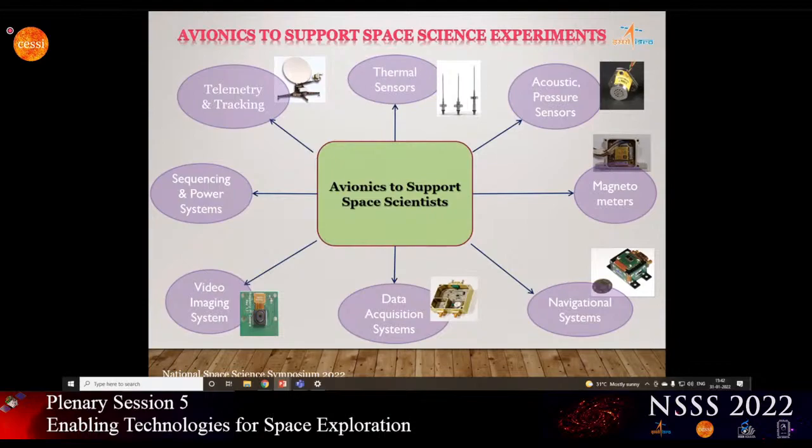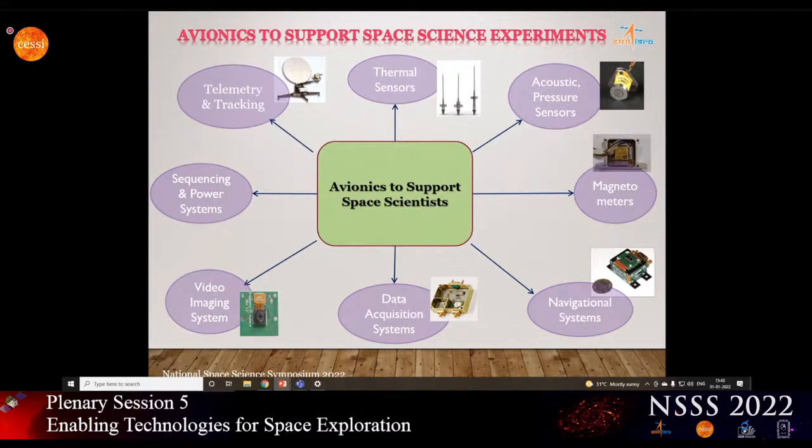Since we know that as we go towards the vacuum the pressure levels decrease, even to less than 10 to the power minus 6 bar, that low level we are getting. So we have fine accuracy of sensors, and we can fine tune even with the offsets. All such capabilities are available with ISRO.